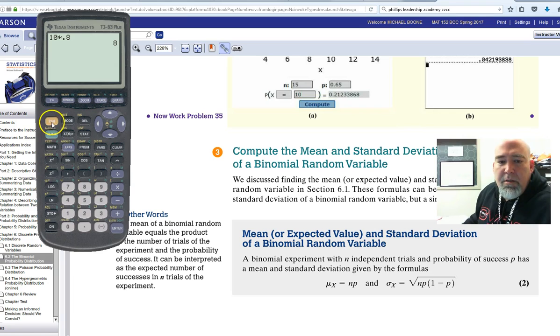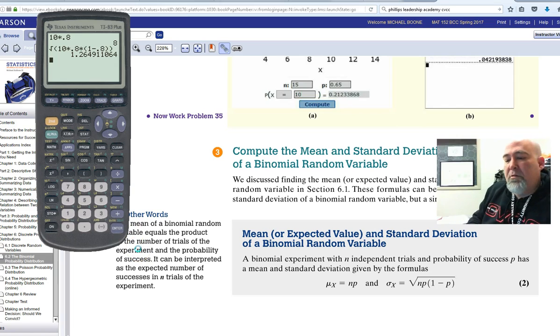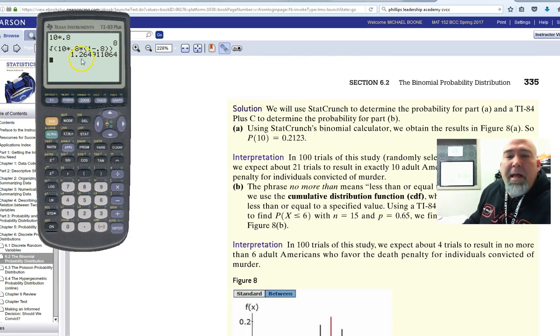But if I'm doing the standard deviation, it's n times p times, and I can either put in 1 minus p, or I could just type in 0.2 if you feel comfortable with that. And I get about a 1.26. Thinking of the empirical rule, plus or minus 1.25 would give me 68% of the population that shoots 80% are going to make it within here. So it just gives us some idea about how much our numbers vary.